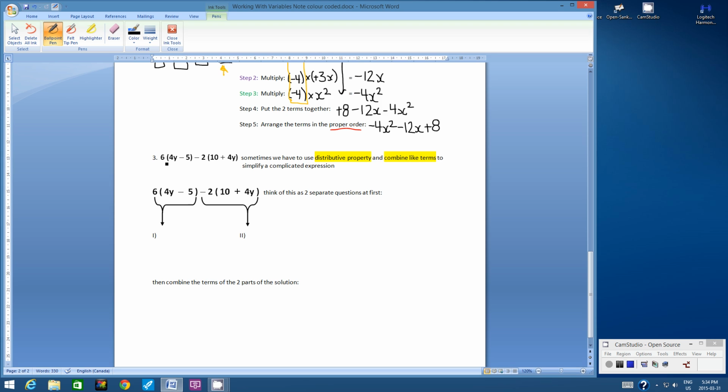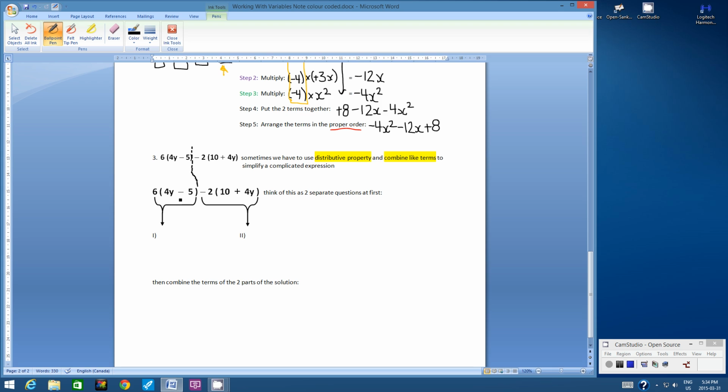So let's look at this expression: 6 outside of a bracket 4y minus 5, close bracket, minus 2 bracket 10 plus 4y. What I want you to do is consider this as 2 separate questions, where I'm drawing a dotted line down the middle. See how I've separated it here? I have basically 2 distributive property questions.